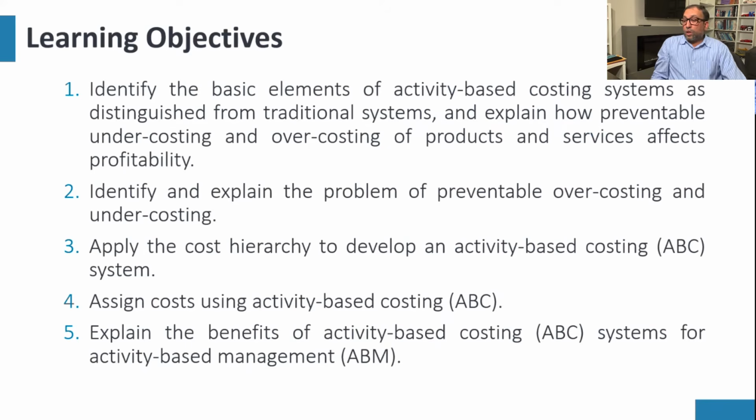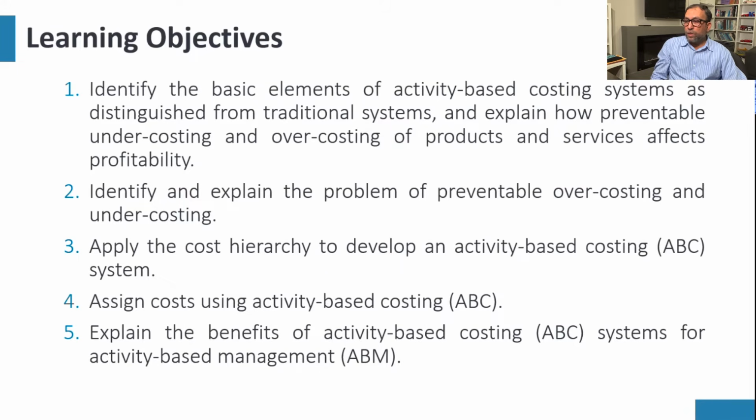So the learning objectives for this chapter are to identify the basic elements of an activity-based costing system, ABC, as distinguished from a traditional or standard or simple costing system.